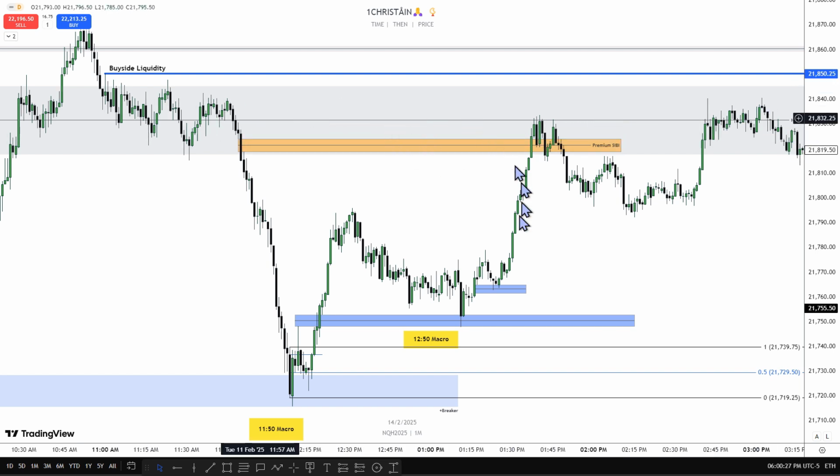A high probability trade. And you can see when we started this dump, 11:50, dump all the way down to what? The breaker, buying at the breaker, ran all the way to the upside, then consolidated for a while, entered another macro, created this low, and engineered what?